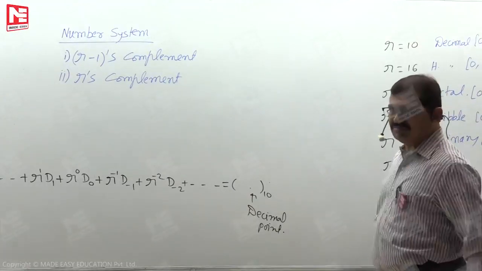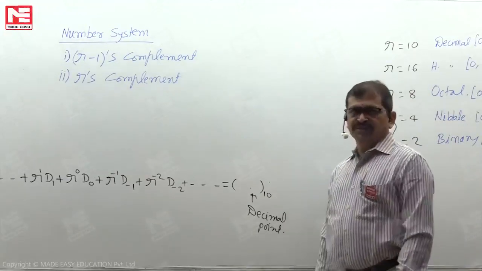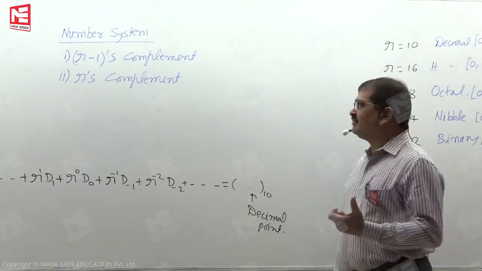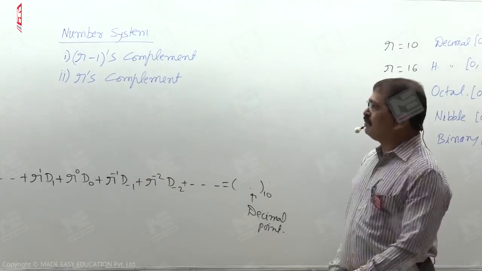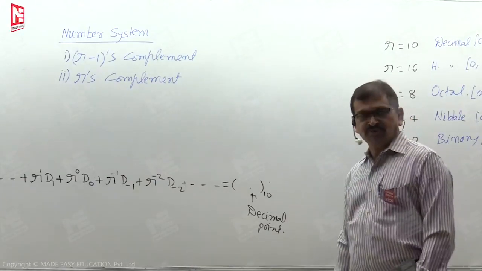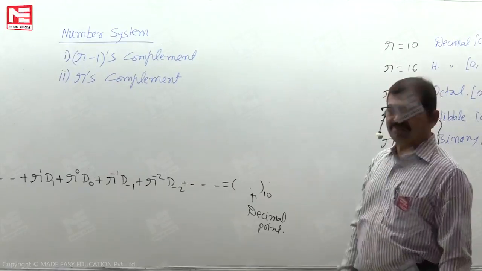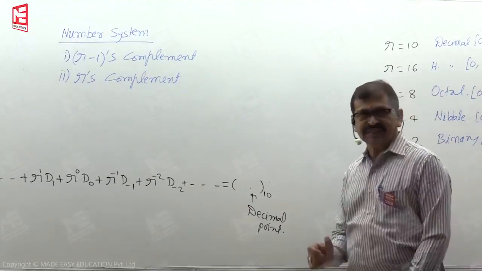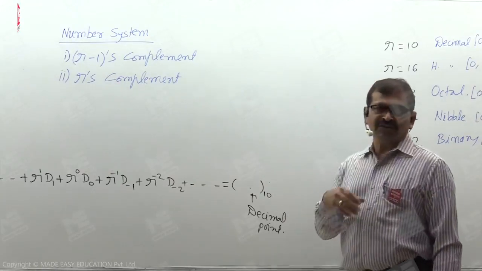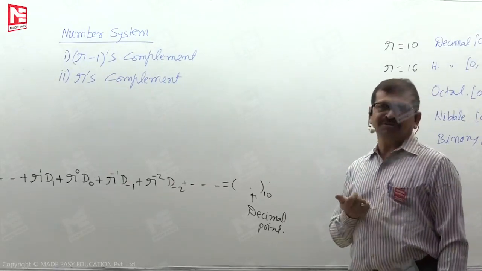Try to answer yourself. Why are we supposed to learn these complements with respect to number system? What is the importance of learning these complements? What is the concern in learning these complements with respect to any number system?